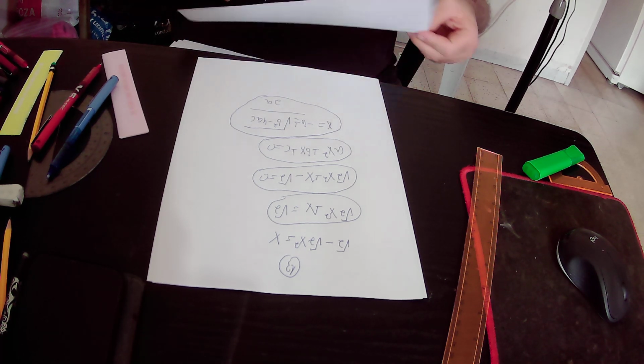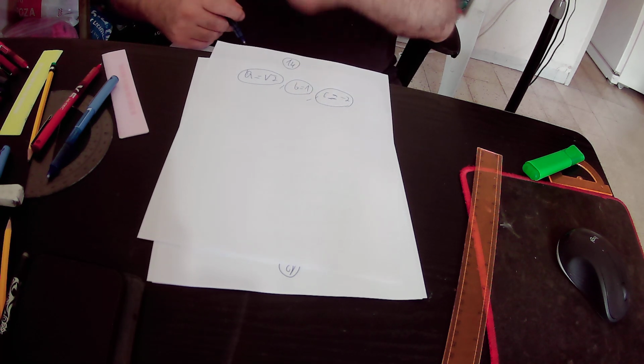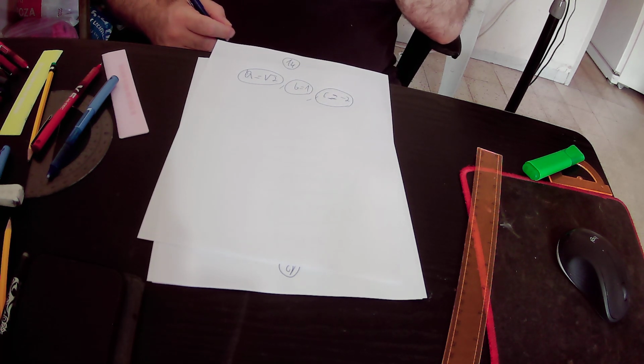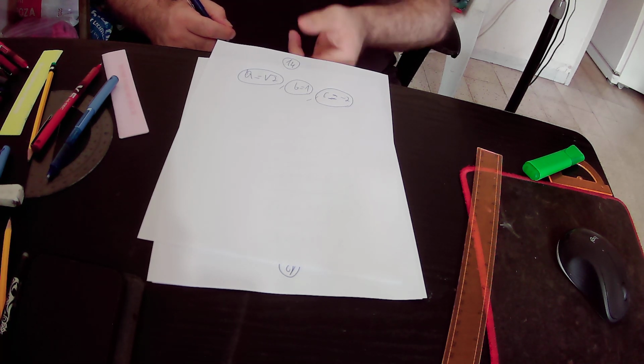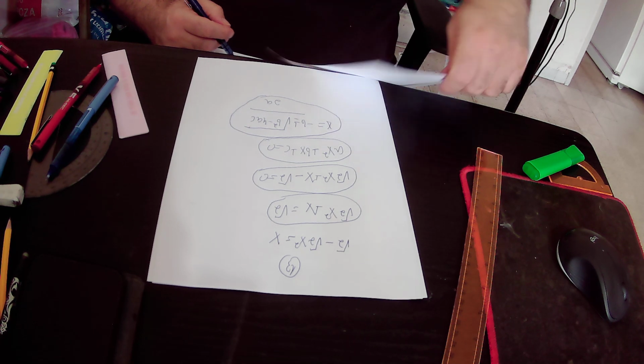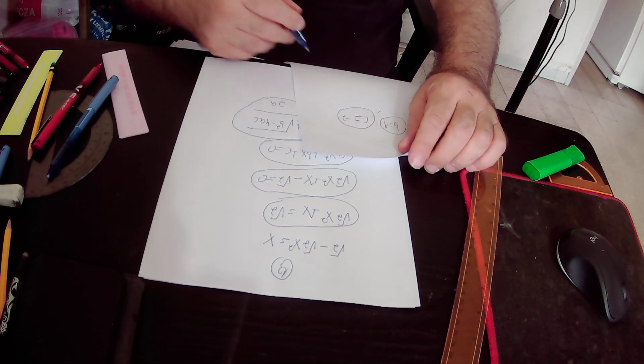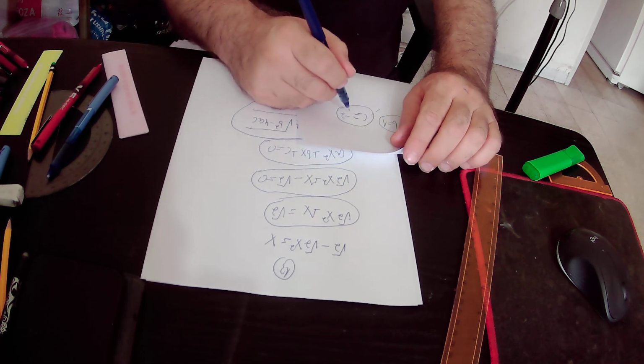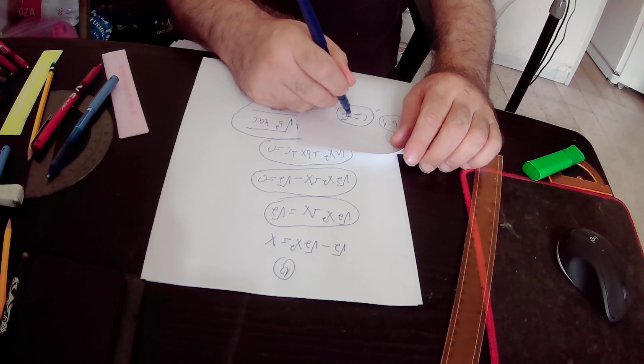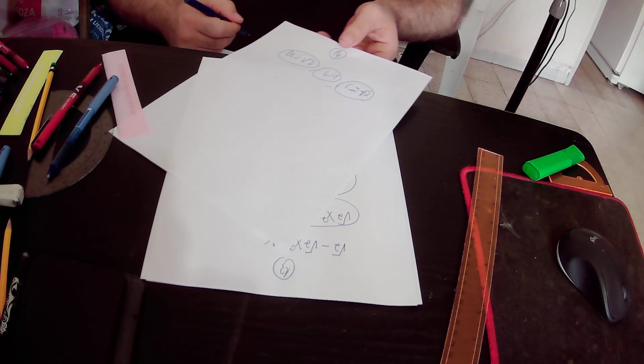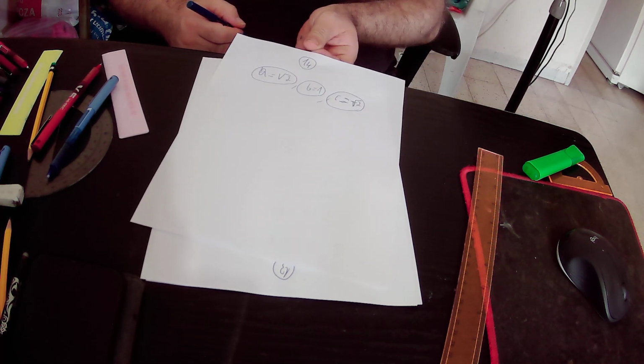The values of the coefficients are a equals root 2, b equals 1, and c equals minus root 2.